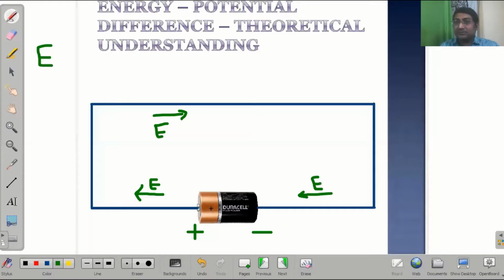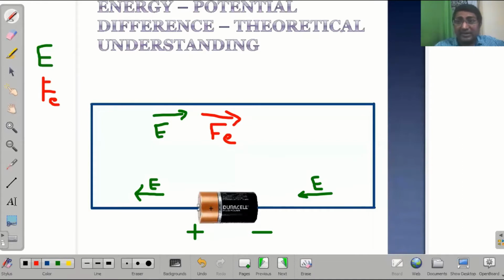That field exists because of forces. At every pinpoint location, there are forces. So wherever there is the electric field, there will be an electric force, and let's use the term Fe. We call it electric force. And in fact, electric force is in the direction of electric field.